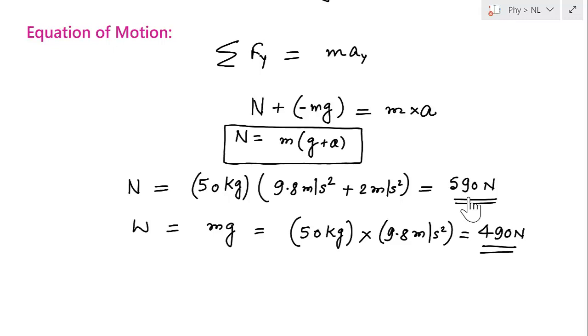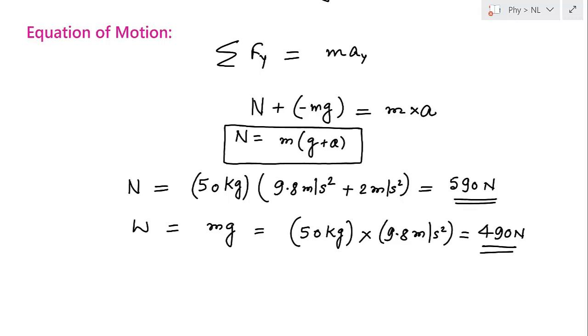So in this case, apparent weight is 590 Newton, but the actual weight is only 490 Newton, and the increase in weight is due to the fact that this lift is coming to the rest or decelerating, or in other words, it is accelerating in the upward direction. To accelerate in the upward direction, lift has to apply a force, and this force is equals to 100 Newton on this Bowman, and that's why the apparent weight is larger than the actual weight.